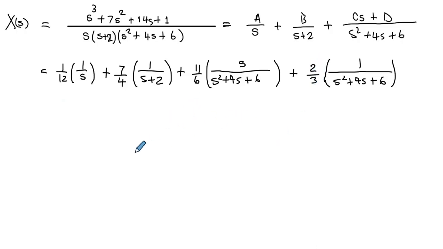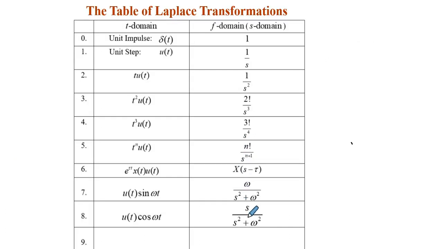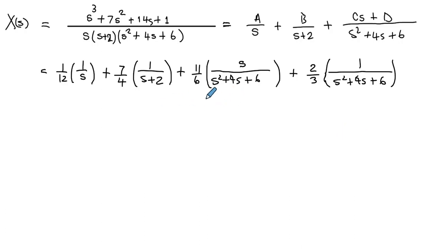Now you'll notice that in our Laplace transform tables, we don't have an expression which is a quadratic in s with 3 terms. But let's look carefully at what we have here. In order to proceed, we need to consider completing the square in this denominator.